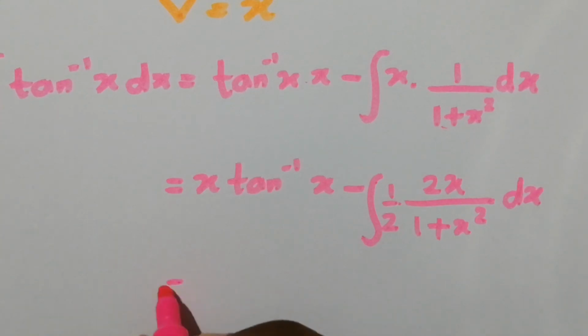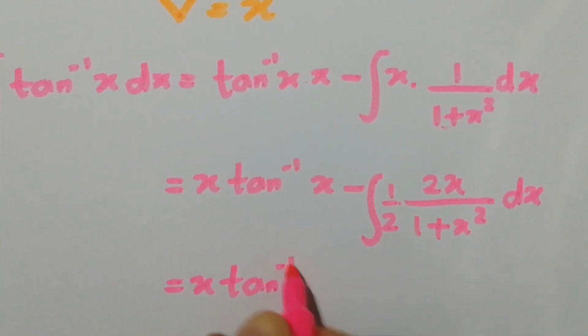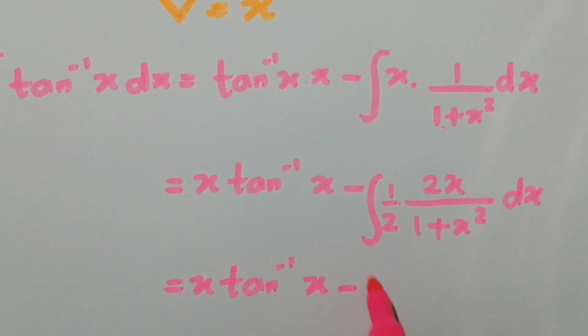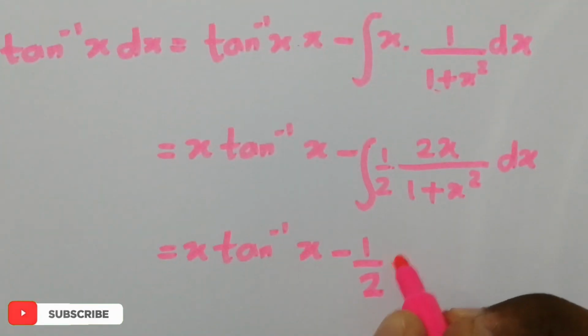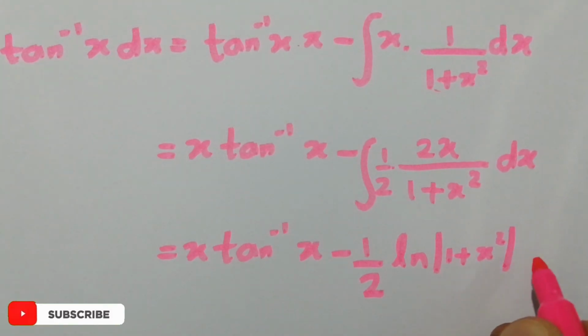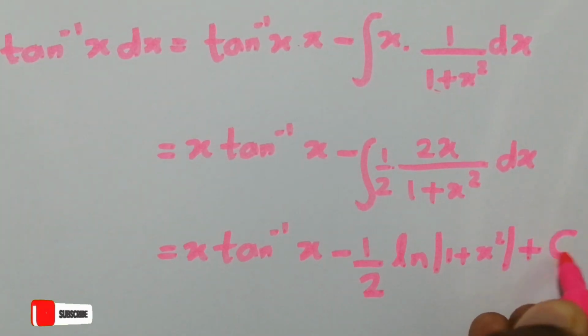Now here x tan inverse x, half is a constant, then I can take it out. Now you are having integral 2x upon 1 plus x squared dx. The derivative of the denominator is at the numerator. Then we can directly write this as ln of 1 plus x squared plus c.